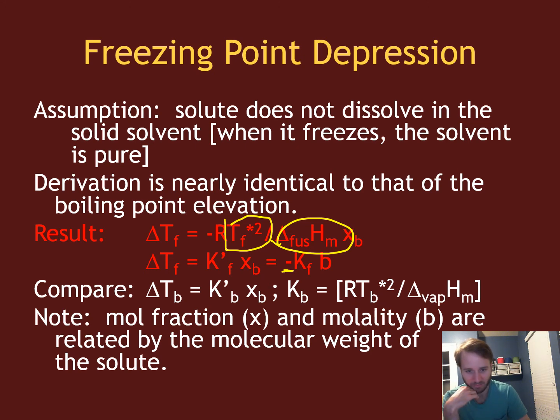There should be a minus sign there as well. But we get that delta T freezing is minus Kf B, Kf being your freezing point depression constant. B here is again the molality of your solute, okay? But otherwise, very similar derivation for the freezing point as it is for the boiling point.